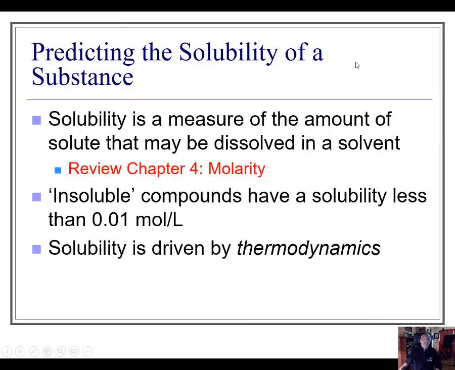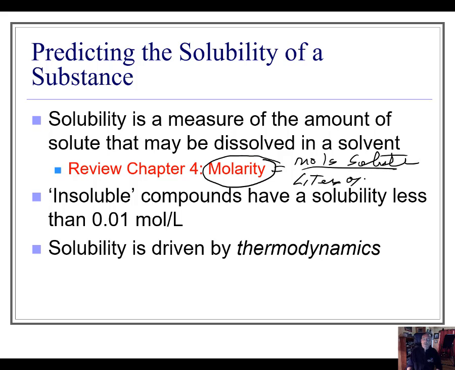All right, so predicting the solubility of a substance. The solubility is just the measure of the amount of solute that can be dissolved in a particular solvent. Do go back and study molarity, because we're going to get to concentration units very shortly, and you remember molarity, it's equal to moles of solute divided by liters of solution.